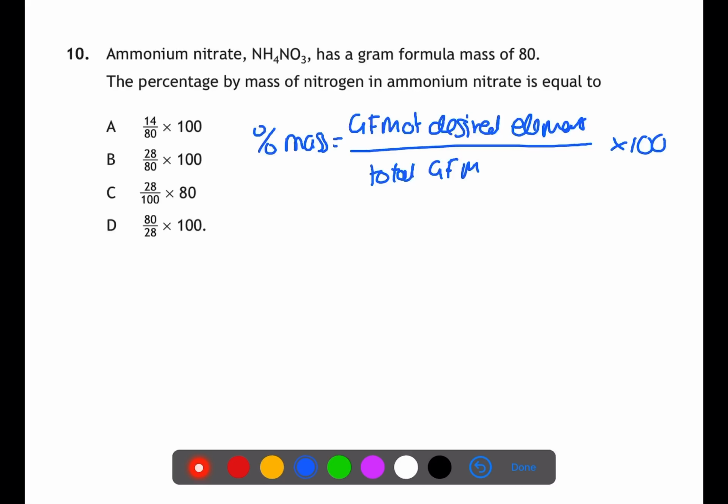In this case, the desired element is nitrogen, and there are two of them. Each nitrogen has a mass of 14, so in total we have a mass of nitrogen of 28. The GFM of the compound is given in the question as 80, and then we multiply by 100. This gives B as our answer.